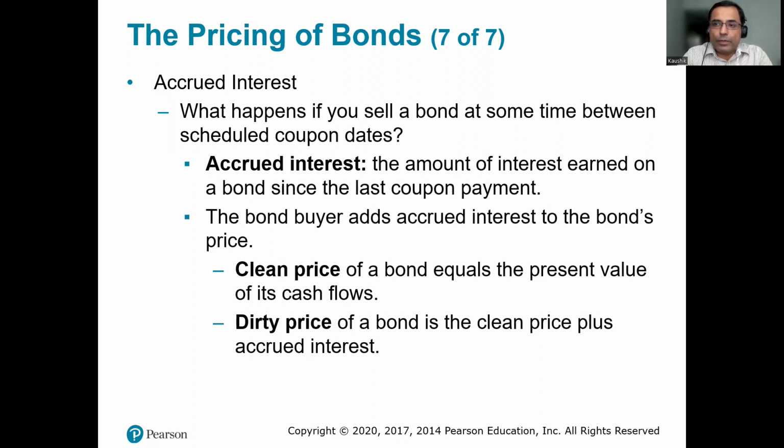And there would also be the amount of interest that has accrued since the last coupon payment. So if I add the accrued interest to the bond price, it becomes the dirty price. If we exclude the accrued interest from the bond price, it is called the clean price.